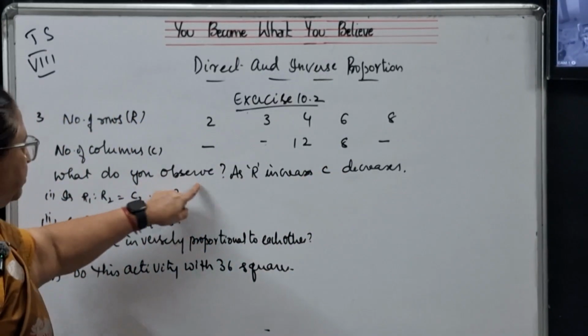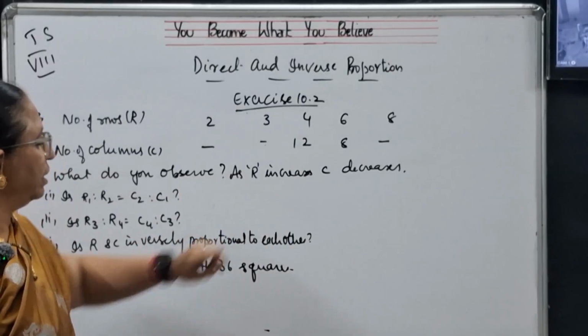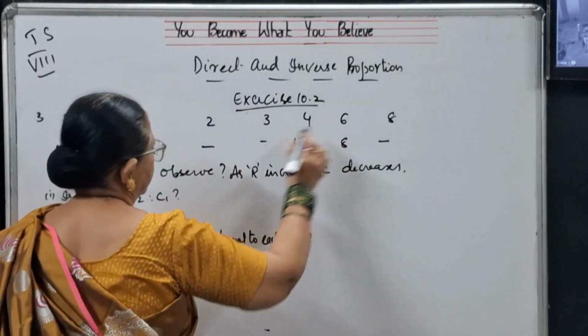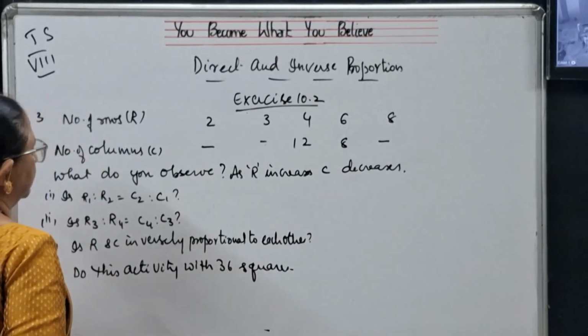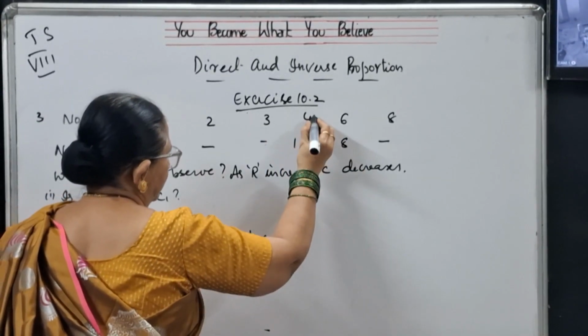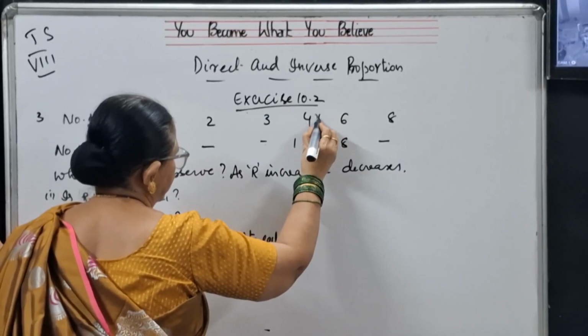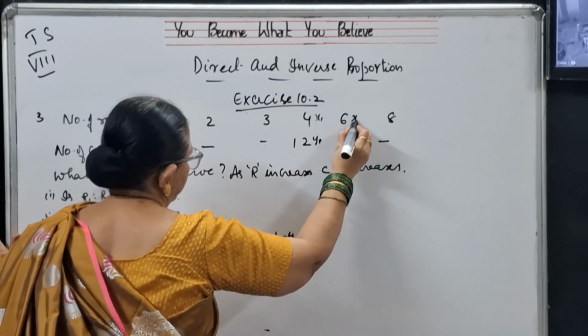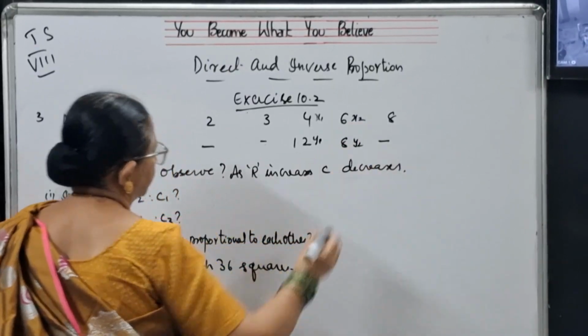Now, what do you observe? As R increases, C decreases. Of course, the R value is increasing and the C value is decreasing. So let us first take these two, this as x1, y1, and this as x2, y2.